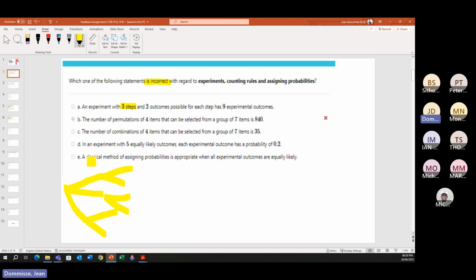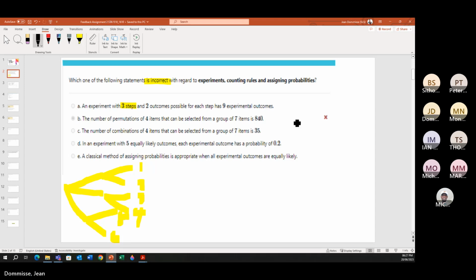So an experiment with 3 steps and 2 outcomes for each step. Okay, so there's 1, 2, 3, 4, 5, 6. Okay, so that should have been 6 and not 9.